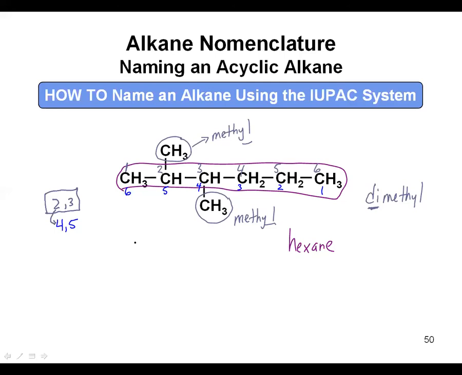Now, in this case, we do need to give the location of where you can find each of those methyl groups. So this would be called 2, 3, comma between 2 numbers, dash dimethyl for the 2 methyl groups, dash between a number and a letter, comma between 2 numbers, hexane.